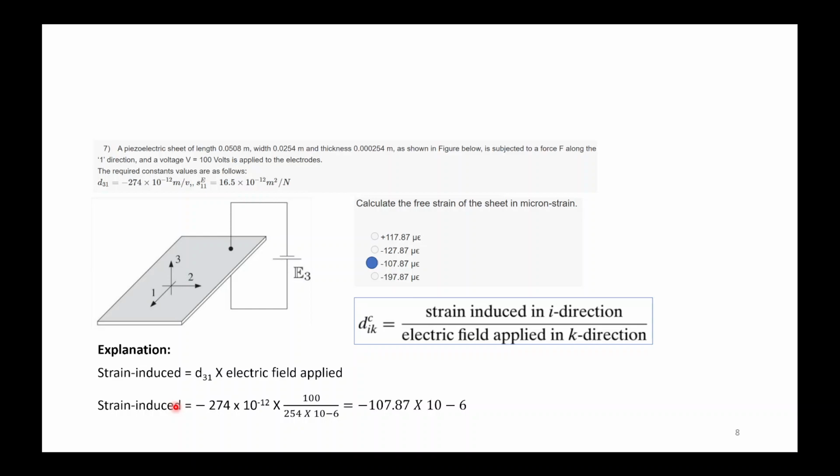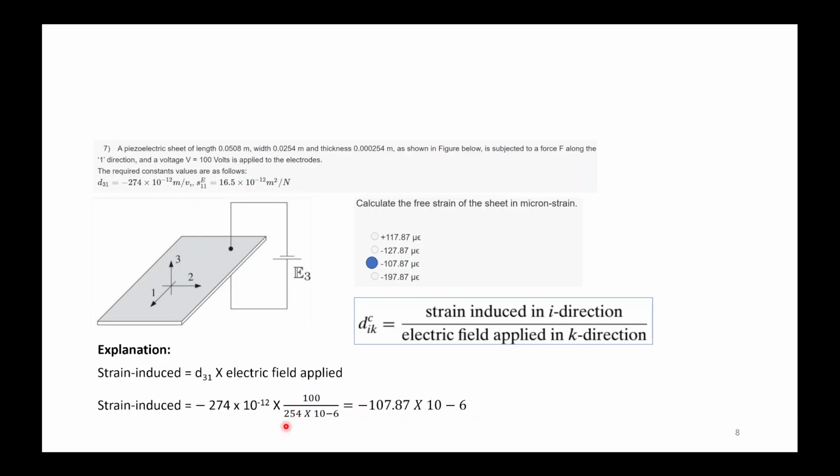Now strain induced can be calculated by simply D31, which is minus 274 multiplied by 10 to the power minus 12 meter per volt, times the electric field applied. Now electric field can be given as voltage divided by length.